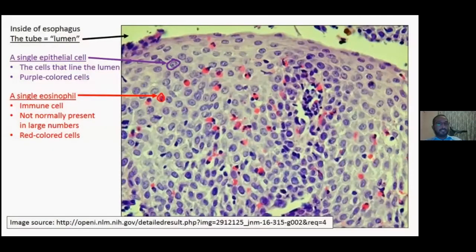The pink dots there are eosinophils, with an increased number of single eosinophils, immune cells not normally present in large numbers. The single epithelial cell, the one circled in purple, is inside the esophagus, the lumen. Just focus on the pink-colored eosinophil shapes.